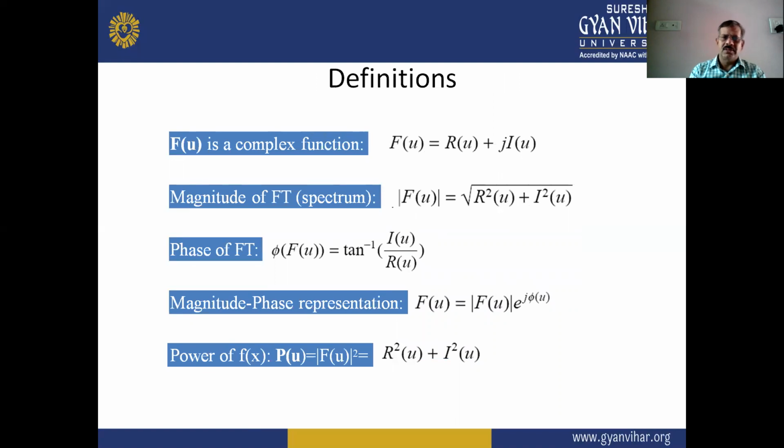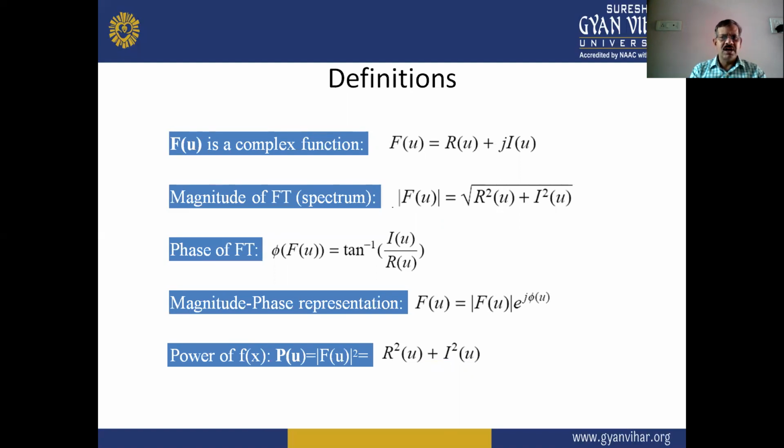There are some definitions of the Fourier transform. F(u) is a complex number, so we can write F(u) equals R(u) plus j I(u), where R(u) is the real part and I(u) is the imaginary part.